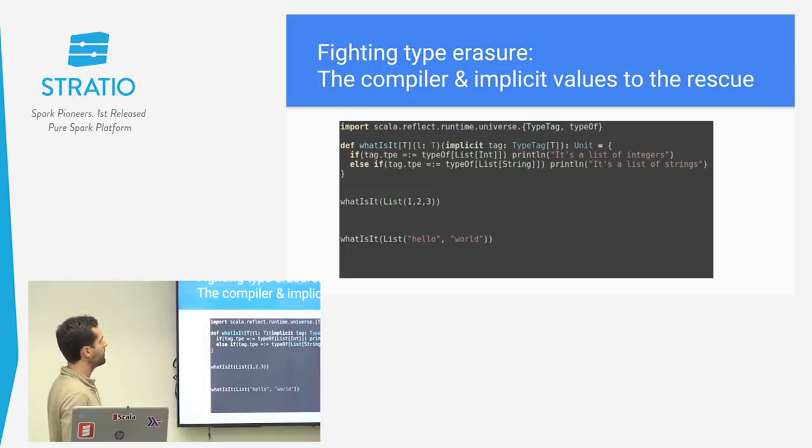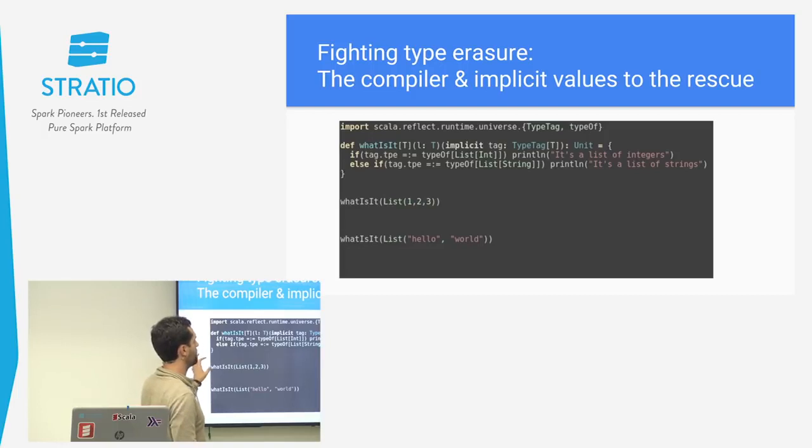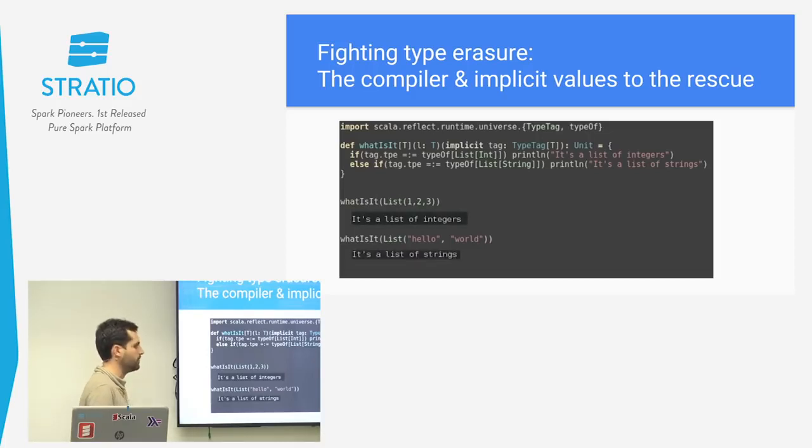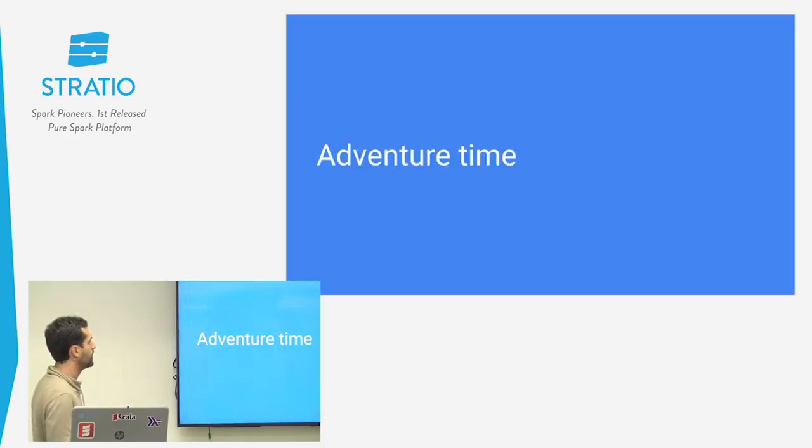The cool thing here is that you don't need to tell the compiler to provide the values in your implicit context. The compiler will do that for you. So in this case, the check on List(1, 2, 3) will answer correctly. If you pass a list of strings, it will answer with the right answer too.